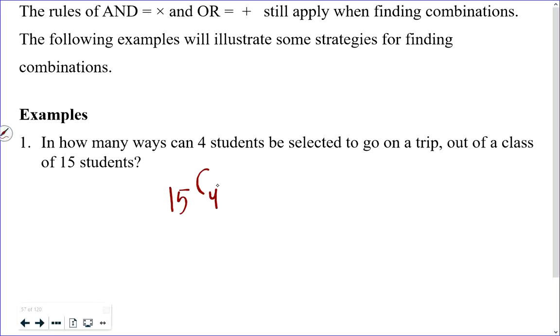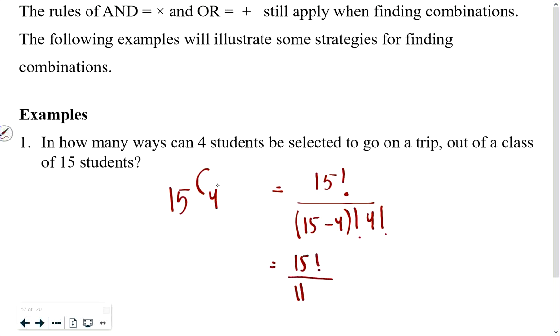If you want a numerical answer and you want to use your calculator and the formula, we can write 15 factorial over 11 factorial times 4 factorial. And if you wanted to, although I don't know what would possess a person to want to do this, you can then calculate it by using the factorial notation over and over again.